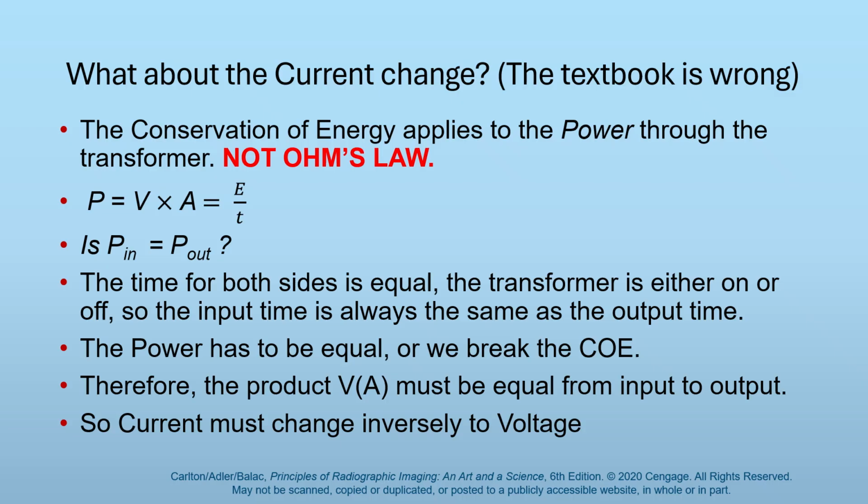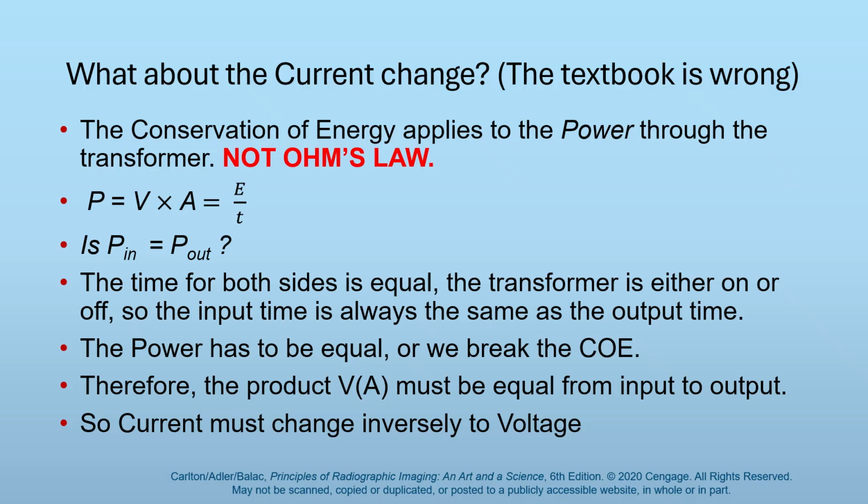But in a perfect transformer, power in equals power out, so therefore the voltage change is inversely proportional to the amperage change. Okay?